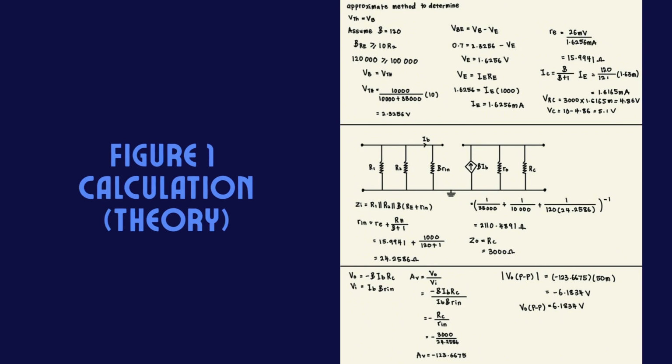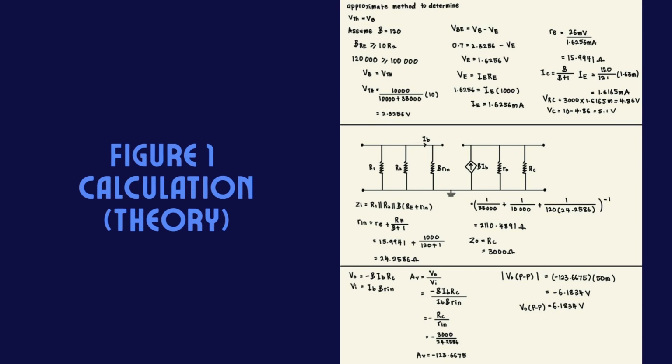So here we know that the VB is equal to VTH, and we can find the VTH. For VB the value is 2.3256 volt, and then we can find the VE, which is 1.6256 volt, and also can find the IE, which is 1.6256 milliampere.